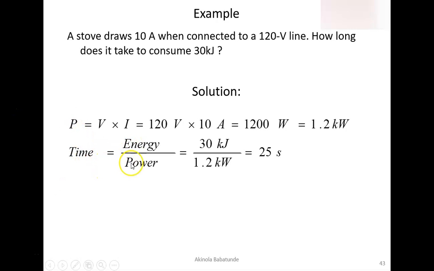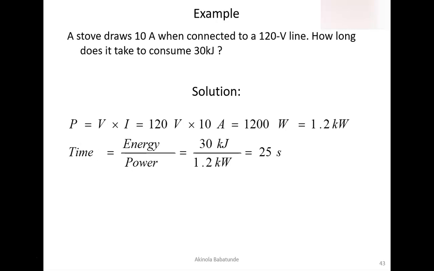So since we know that energy is equal to power times time, and we can rearrange it to say that time is equal to energy over power, that simply means the energy we have, which is 30 kilojoules, can be divided by the power we've calculated of 1.2 kilowatt. 30 kilojoules is the same thing as 30 kilowatt seconds, because we said 1 joule per second is equal to 1 watt.